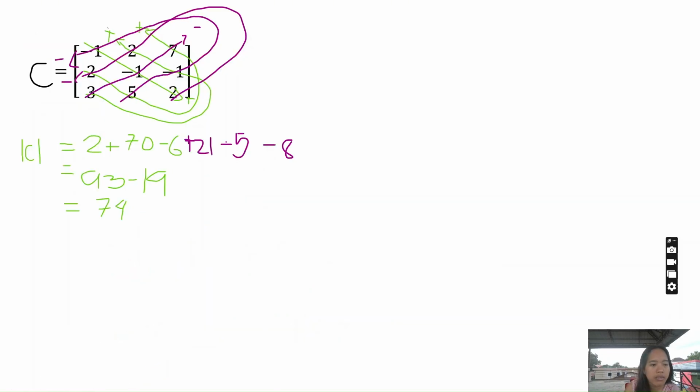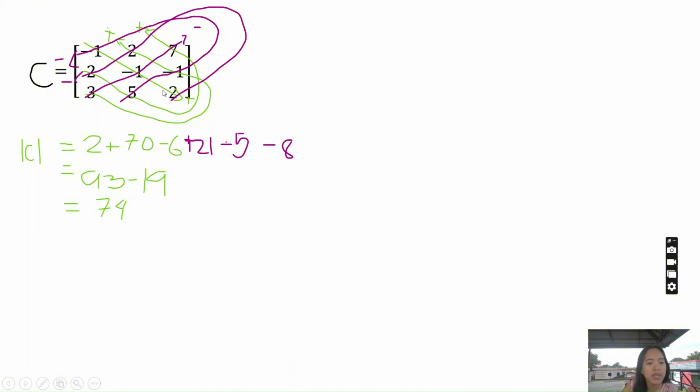To give you another example, we have negative 1, 2, 7, 2, negative 1, negative 1, 3, positive 5, and 2. Again, we first calculate this first column. Our first leading minor is negative 1 times negative 1 times 2, which is positive 2.